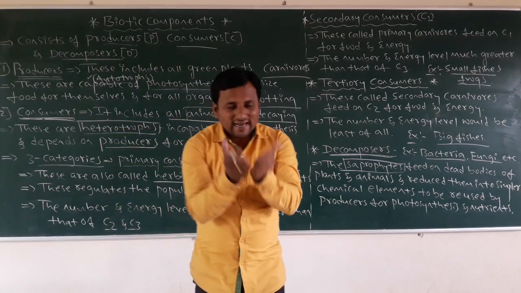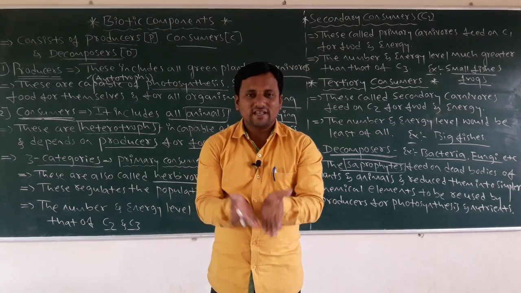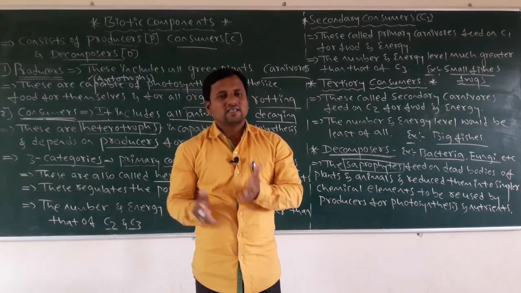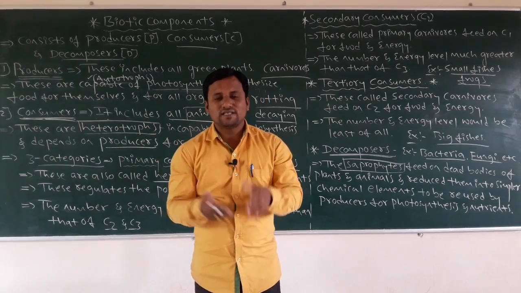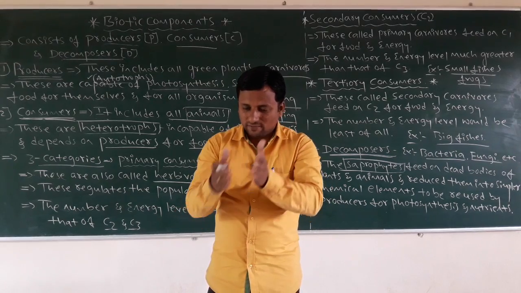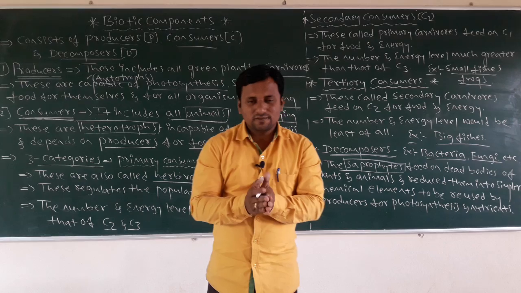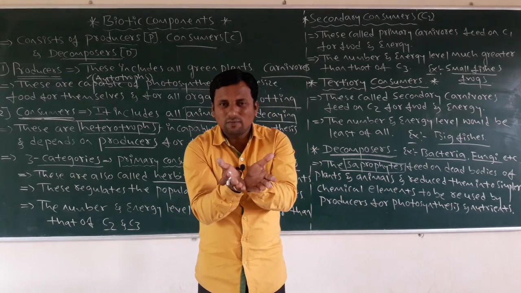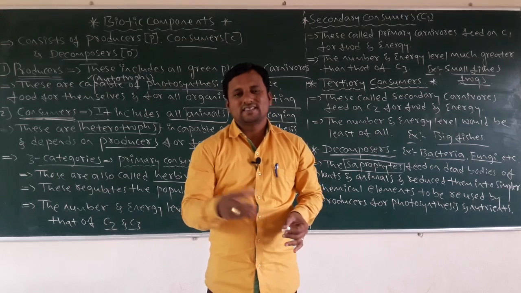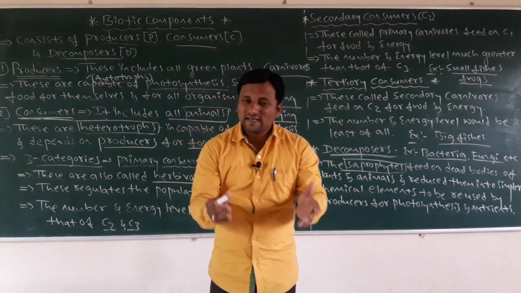After the death of the producers and the consumers, they are almost all buried under the soil. In the soil the process starts, which is called decomposition. This decomposition has almost 3 to 4 steps. In those steps, the dead body is converted into inorganic compounds, such as sulfur, phosphorus, carbon dioxide.